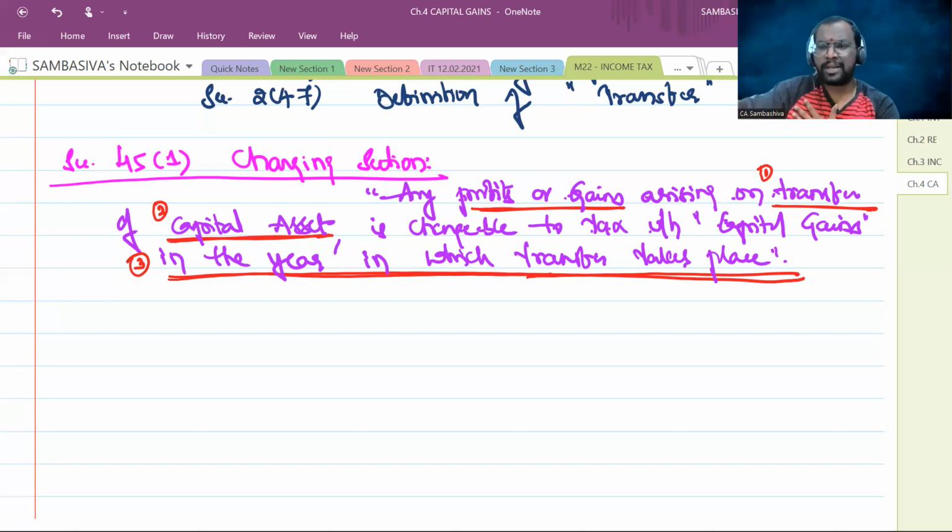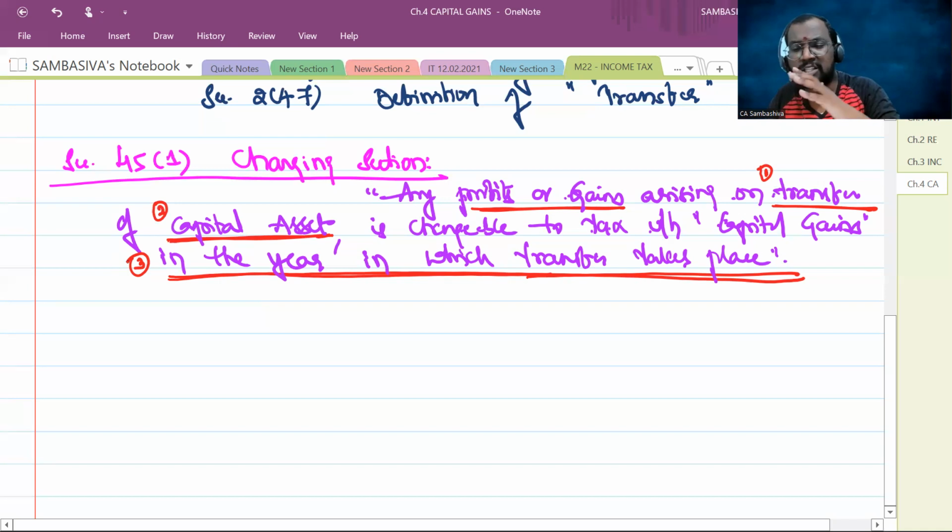So I've transferred a capital asset. I purchased a capital asset for 1 crore. I have transferred it for 1.2 crores. So I got a gain of 20 lakhs. Now this 20 lakhs is chargeable under the head capital gains. When is it going to be taxable? In the year in which the transfer takes place. Are you following, sir?